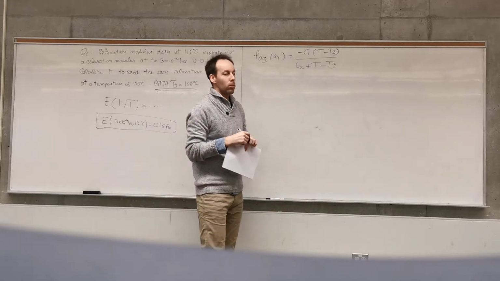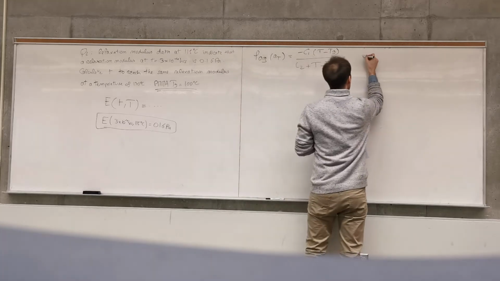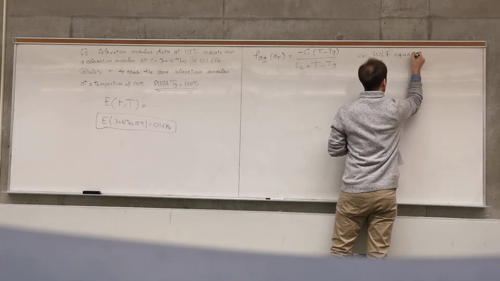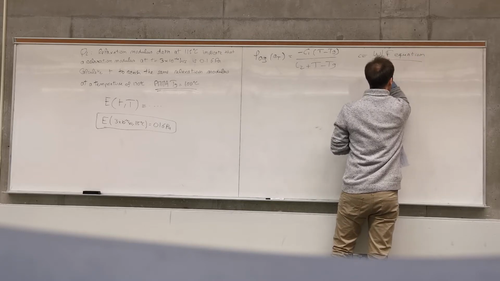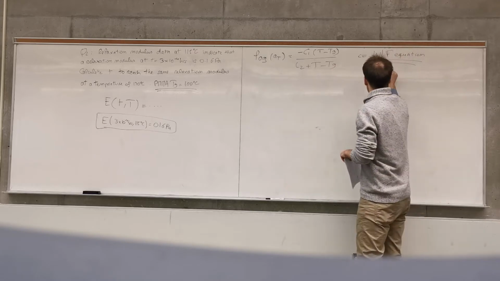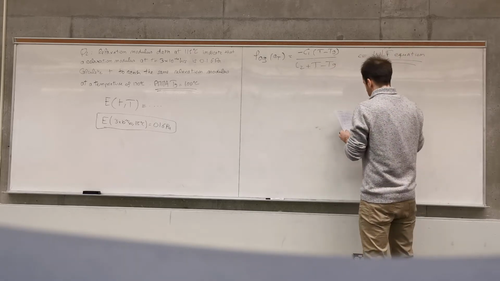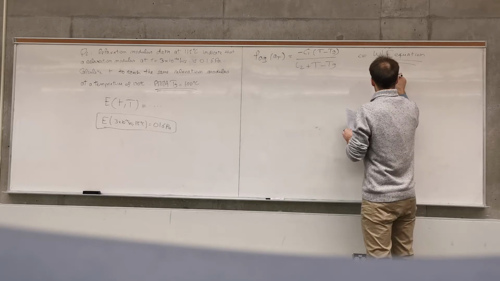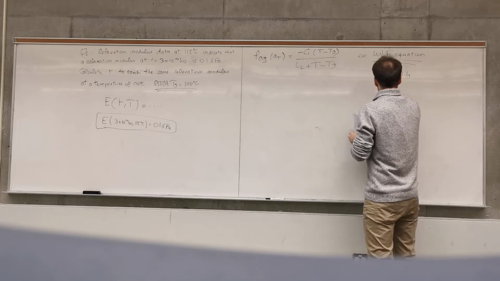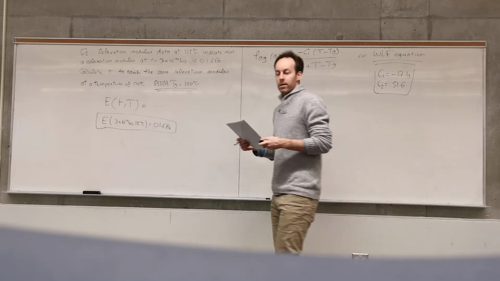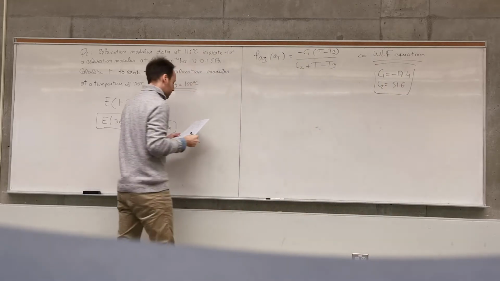Okay, that's the WLF equation, of which we know the constants C1 and C2. C1 is equal to minus 17.4, and C2 is equal to 51.6.